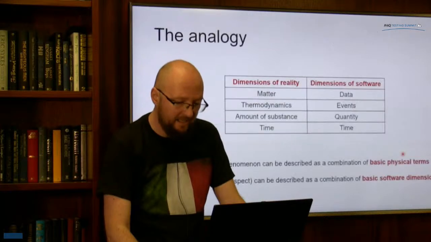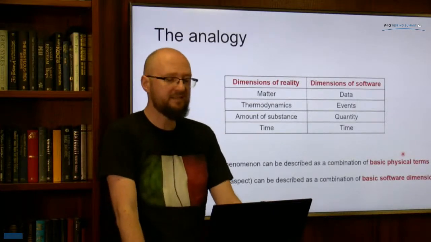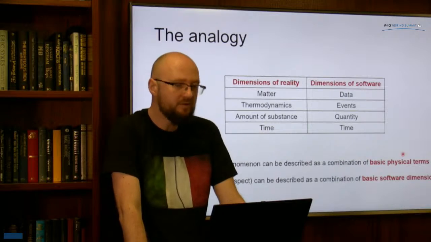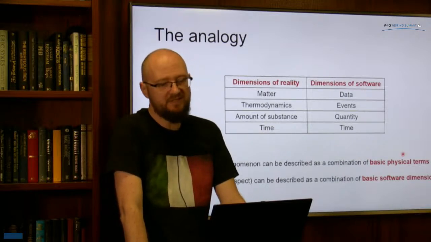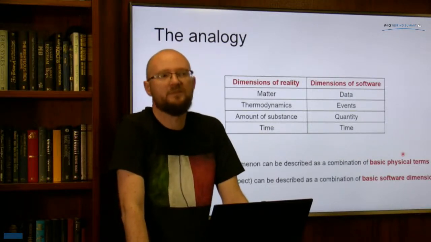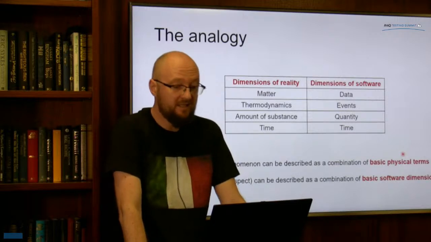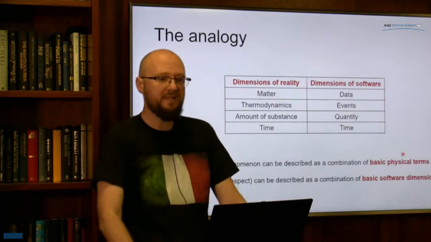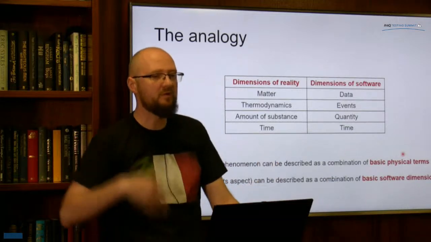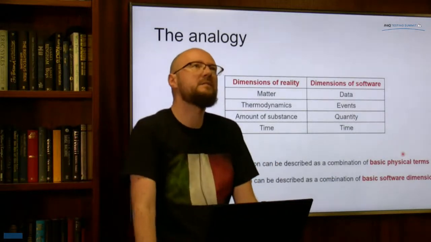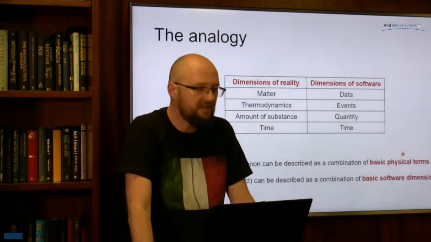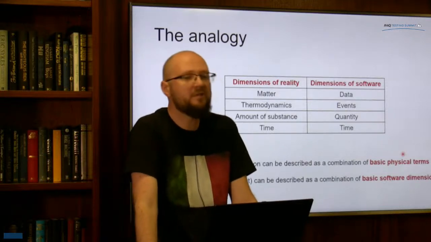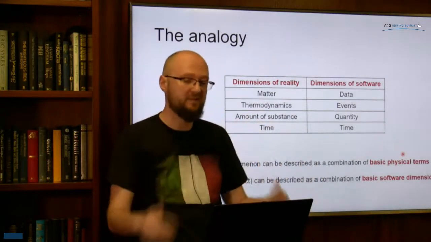So in the same way as we can describe the world, we can describe software. Even the most complicated software can be described using only these four concepts, in fact: data, events, quantity, time. Of course, it depends on the level of abstraction, because we could go deeper and deeper and create very, very complicated descriptions, but we will stay at some reasonable level of abstraction.